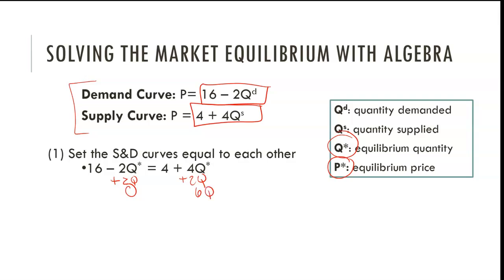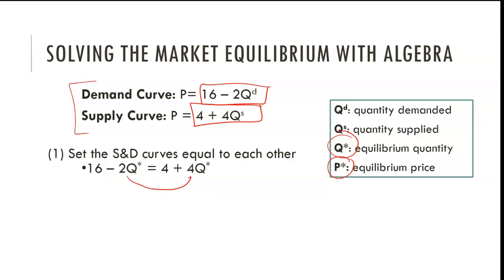And then we want to move this 4 over to the other side of the equation, so that we only have 6Q on the right-hand side. So we would subtract 4 from both sides. That way we would get 0 plus 6Q here, and 12 plus 0Q on the other side.